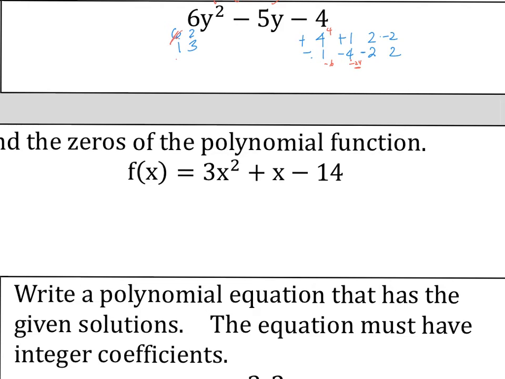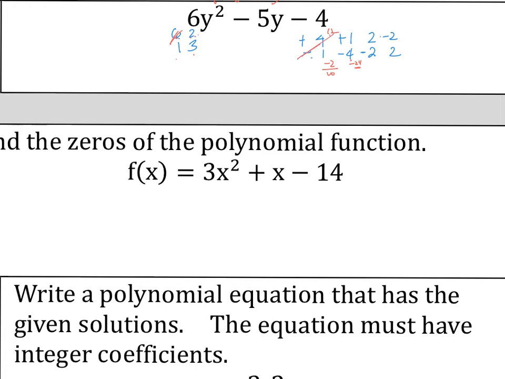Okay, let's look at 2 and 3. 2 times negative 1 makes negative 2. 3 times positive 4 makes 12. Now 12 plus negative 2 is positive 10. That's still off. So we need to eliminate this one.